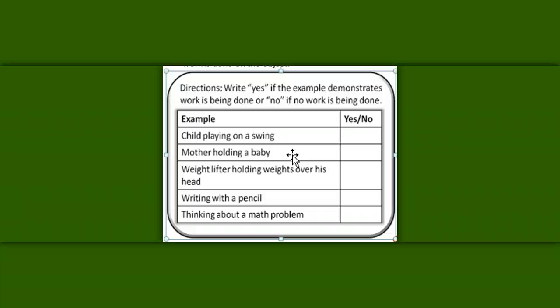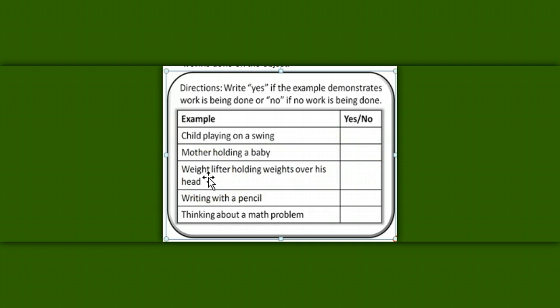So is there a force? Yes, she's holding the baby to her. But is the baby moving a distance? You're right, it's not. So can we say that the mother holding a baby is the definition of scientific work? Exactly. No, it's not. So in the first space you put yes. In the second space you put no.